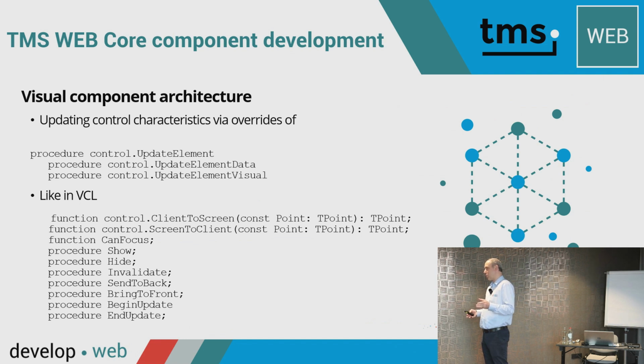It is through that virtual method override that you can do your own custom mapping of certain component properties to, for example, CSS style attributes of the underlying HTML elements, or insert something in the inner HTML, etc. We have split the update element virtual method into two underlying calls that you can separately override, which are update element data and update element visual.